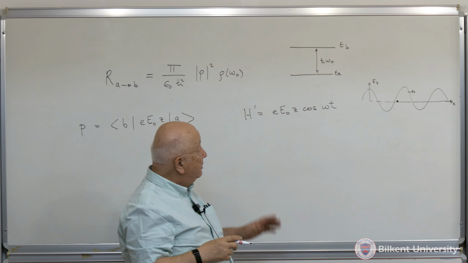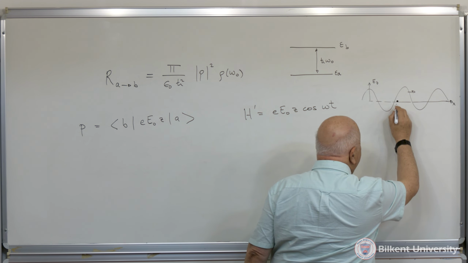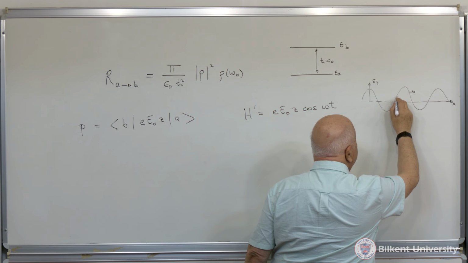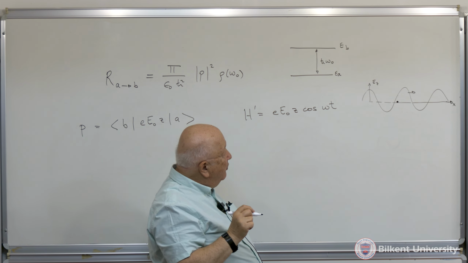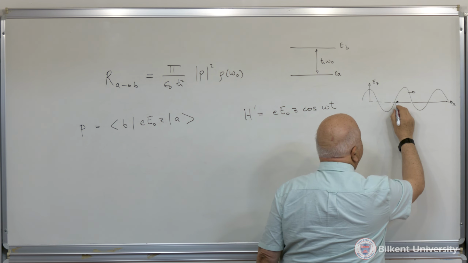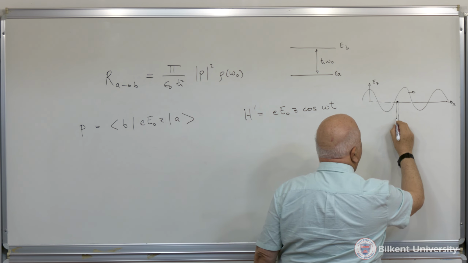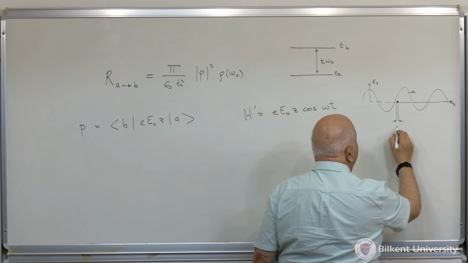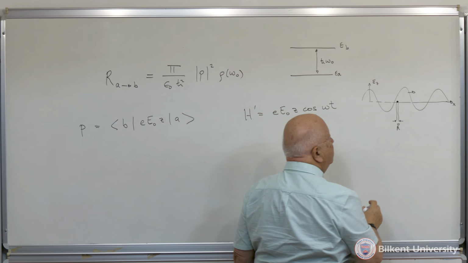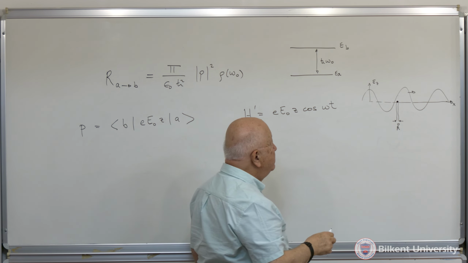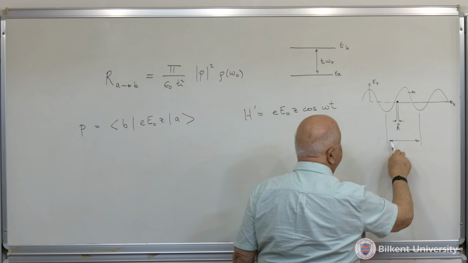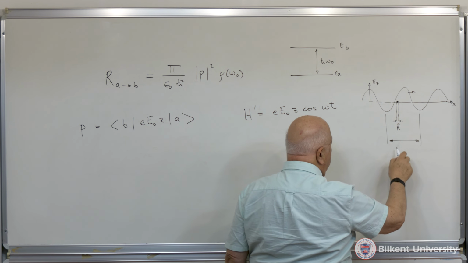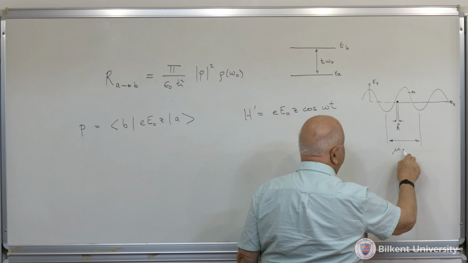Now, if you just look at this carefully, not all parts of the atom see the same electric field. But what we assumed is that the size of this atom, some hydrogen atom or something of that sort, is of the order of angstroms, while the wavelength associated with these transitions is micrometers or fractions of micrometers.